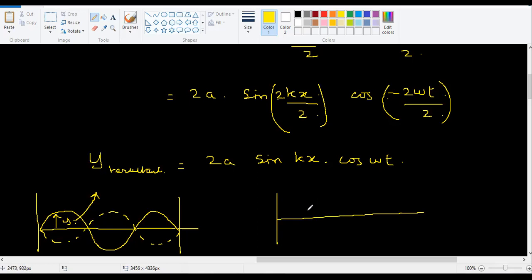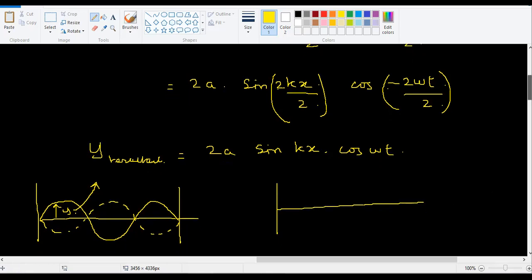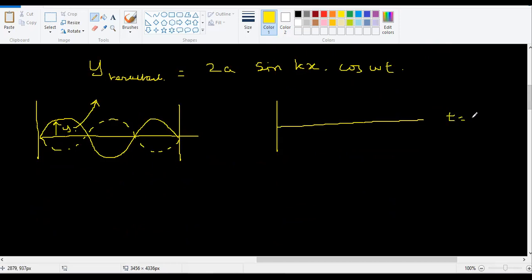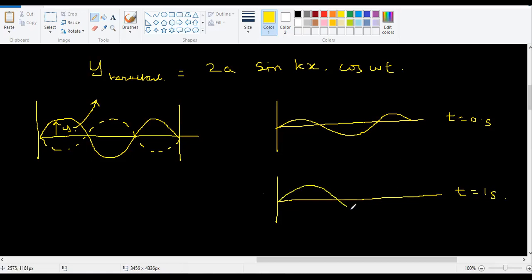So please listen carefully. When time t is equal to 0, let's say the wave was something like this. When time t is equal to 1 second, let's say the wave was like this.